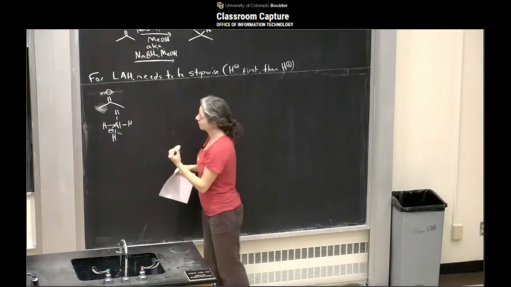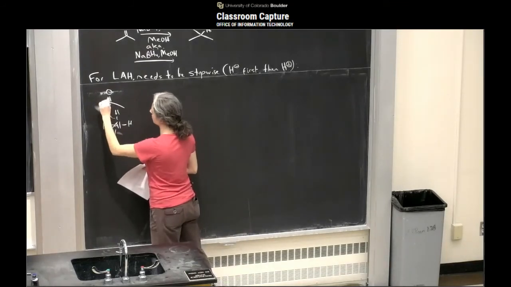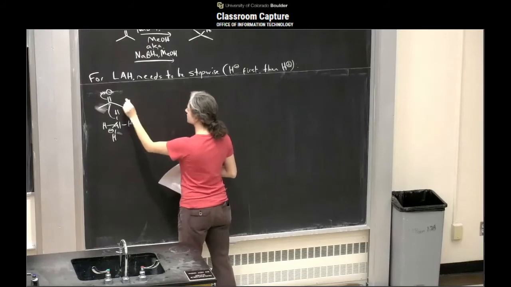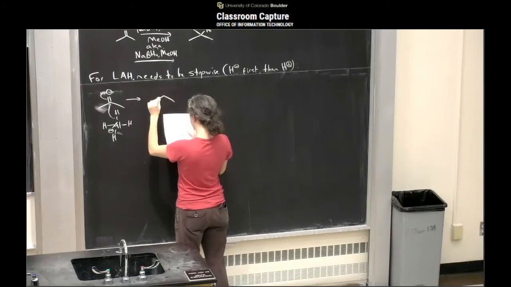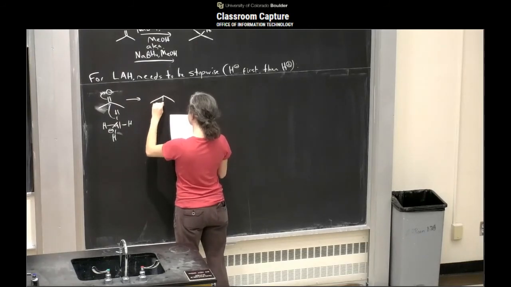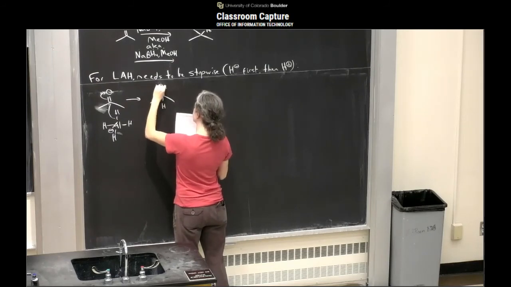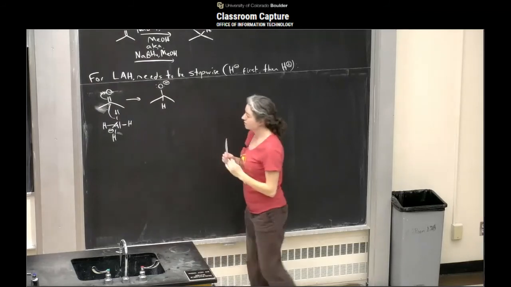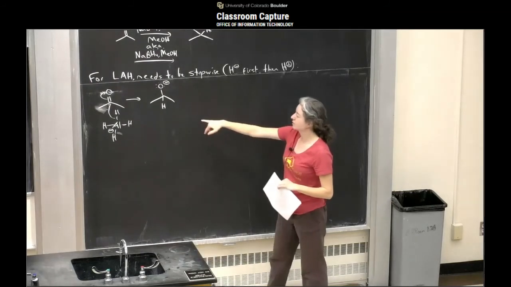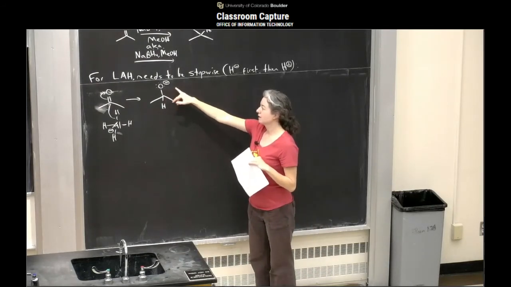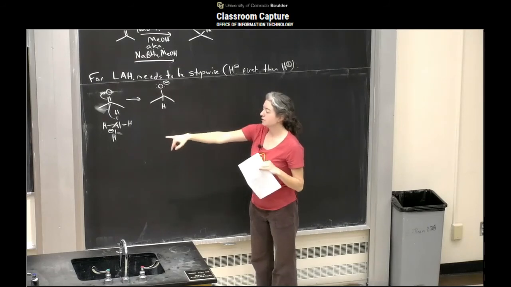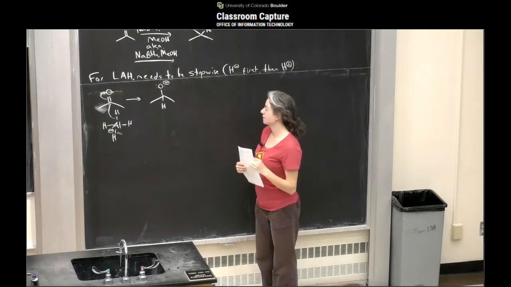Okay, so again, your hydride source goes in and attacks, kicks up onto the oxygen. Okay, and now it doesn't really have a convenient proton source to go pull an H off of. And so I guess you could show this with boron as well, but it's not as big a factor there.